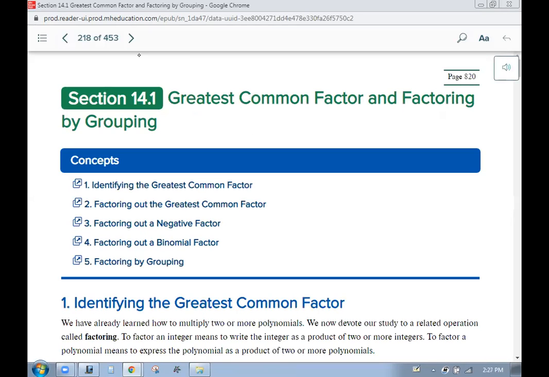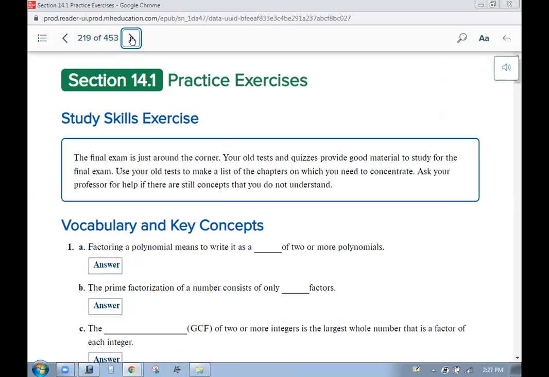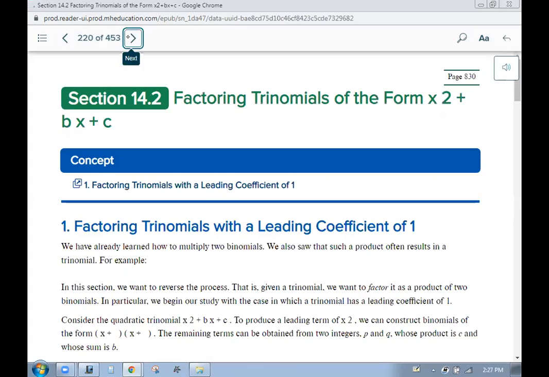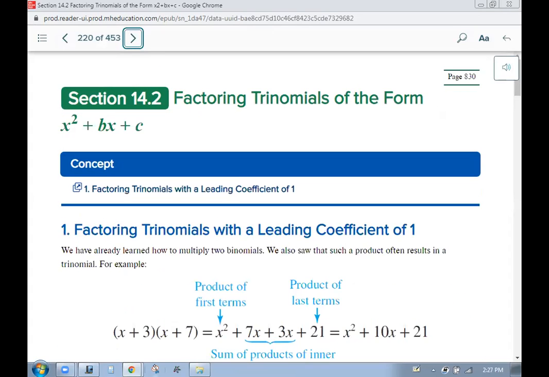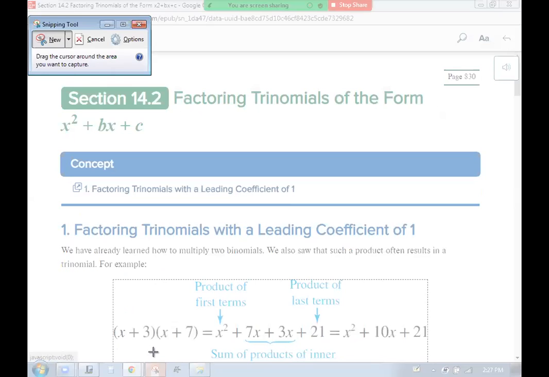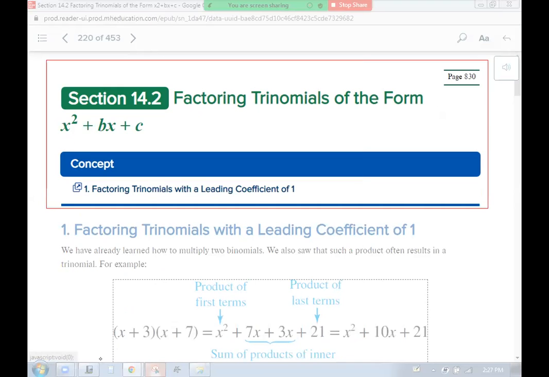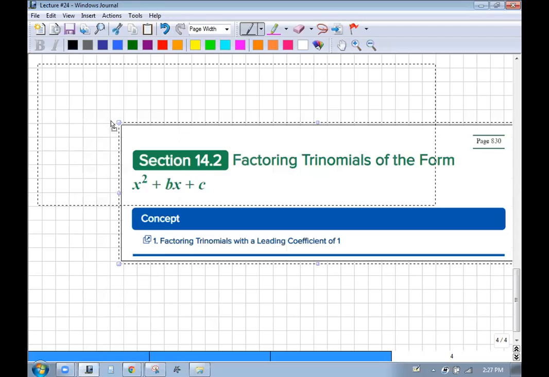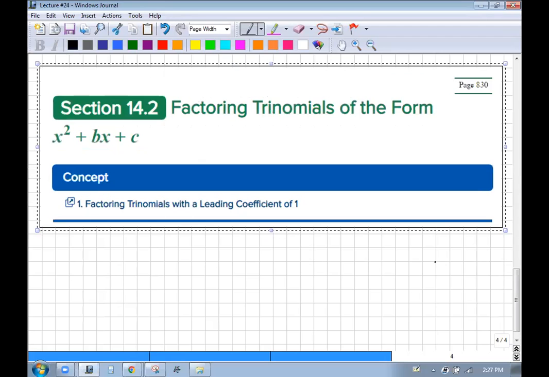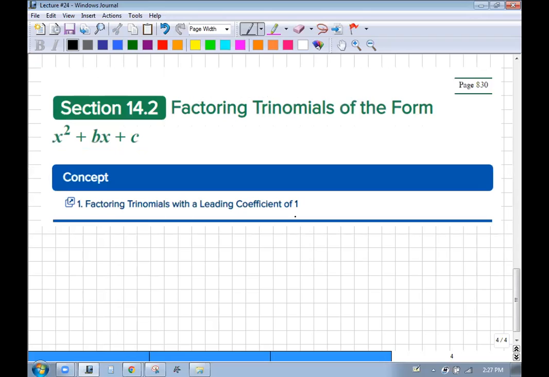Okay, so we did 14.1 last time. So now 14.2 on page 830. Factoring trinomials with a leading coefficient of 1. Trinomial means we're looking at x cubed. Okay, and the leading coefficient of 1.